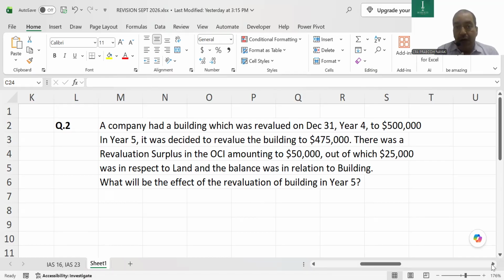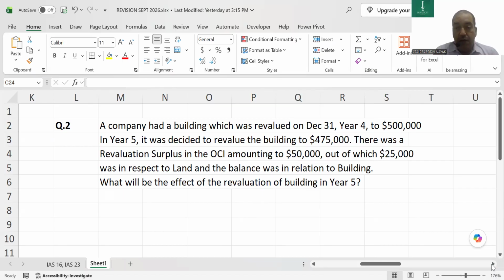And out of that, 25,000 pertains to land. So the remaining 25,000 is assumed to be pertaining to building. Right? So, in that case, it means that when the revaluation was done in year 4 or before that, there was a revaluation gain of 25,000, which is still appearing in the OCI.